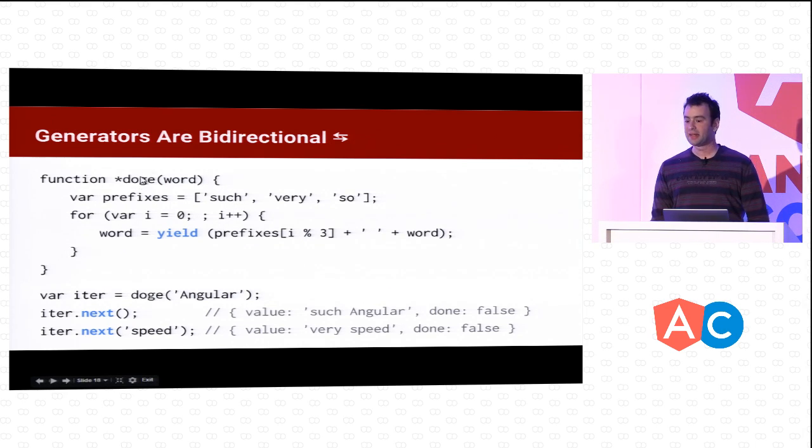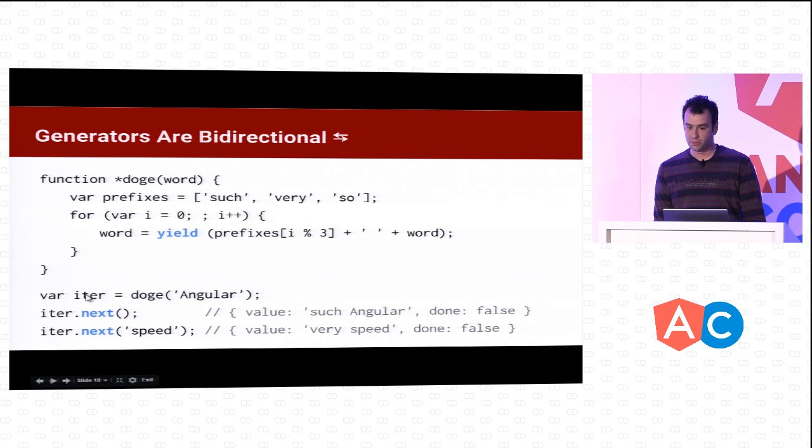So this is an advanced Doggy meme generator, and it has 3 different prefixes. Each time it gets a word, it appends one of the prefixes to the word. So when we call doggy with the string Angular, nothing happens. It is not executed yet.